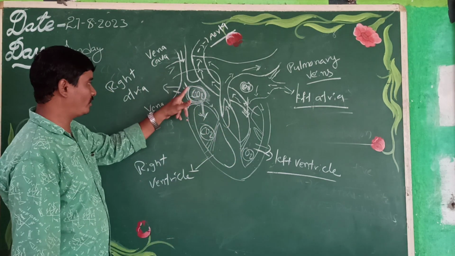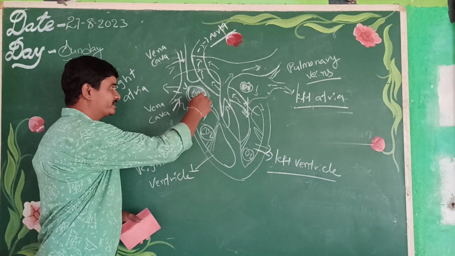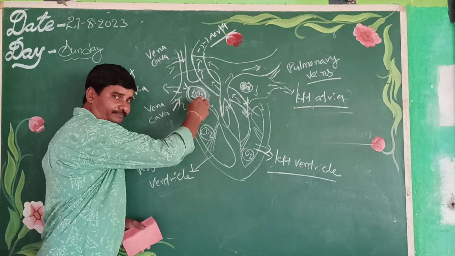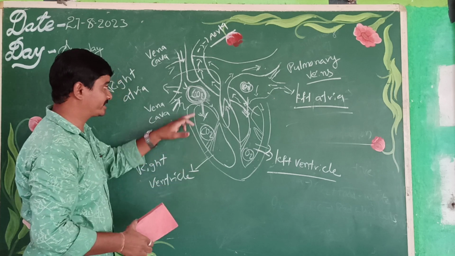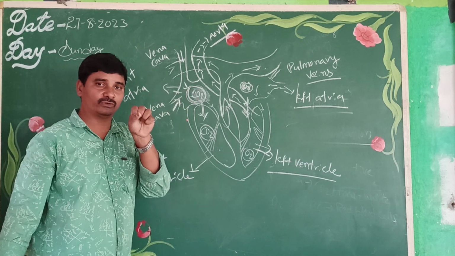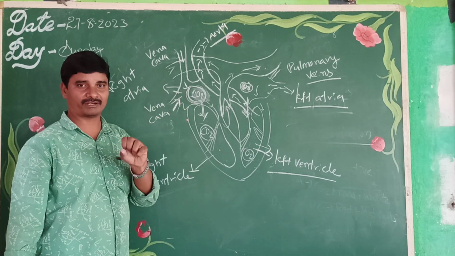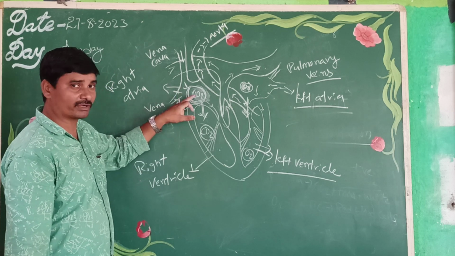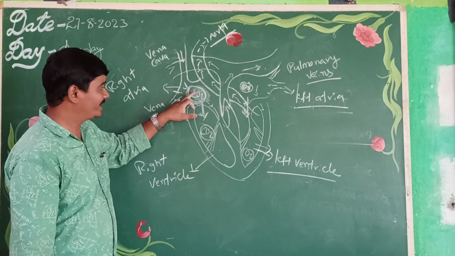Once deoxygenated blood has entered the right atrium, it will start to contract. Children, why does deoxygenated blood enter the right atrium?